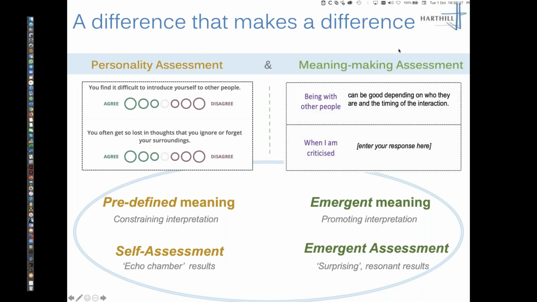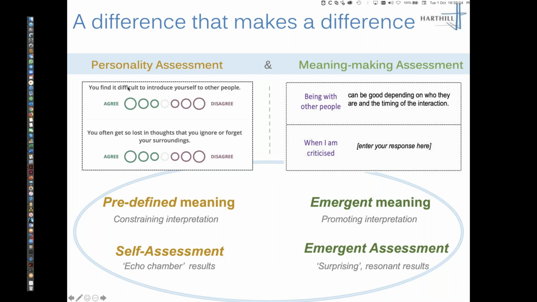So this is just to very quickly give you a sense of the difference between some of the more typical personality assessments that we use and what a meaning-making assessment does. So typically personality assessments have a number of forced choice items, and you rate by ticking a box or by giving some indication of magnitude to each sentence.